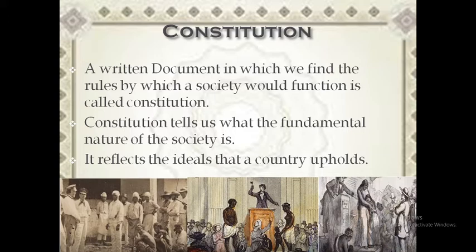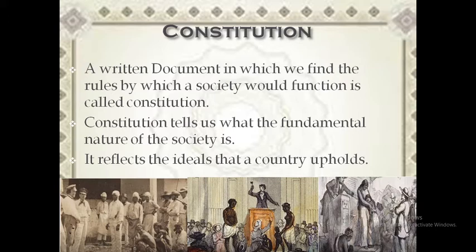For instance, if the constitution of any country says the country will be ruled by the king for his lifetime and the successor will be his heir, that will be followed. This is the constitution of that country, and the rules and regulations are to be followed by everyone.